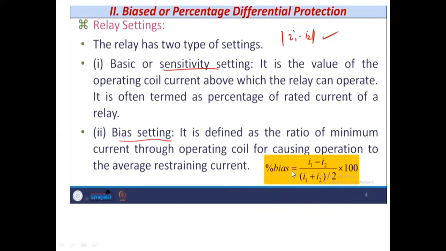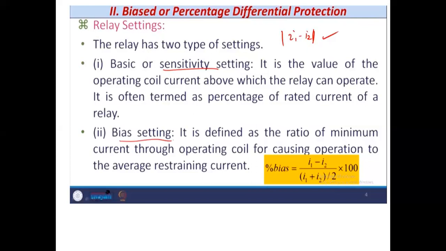So that means if I consider the bias setting, then whatever problem is faced by circulating current differential relay, because of the non-identical CT saturation characteristics and unequal lead length, or because of the flow of the spill current, this type of problem can be avoided if I use the bias or percentage protection scheme.